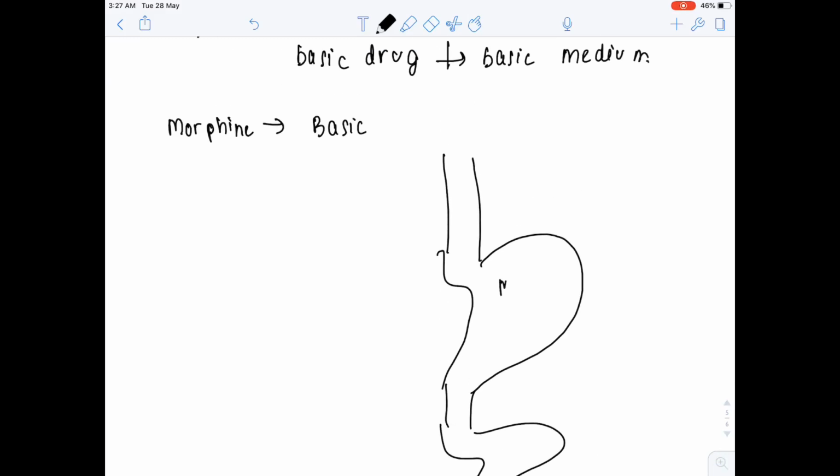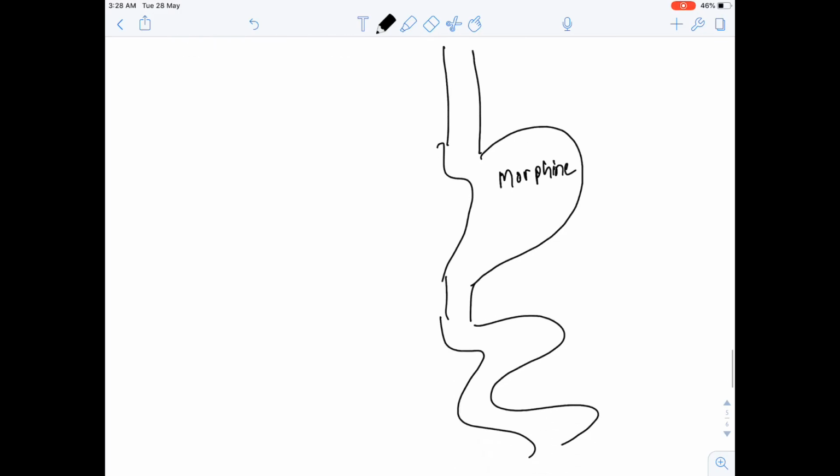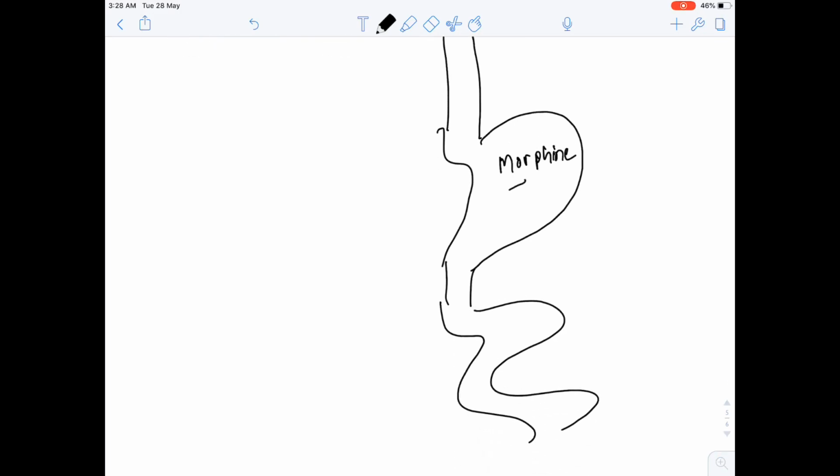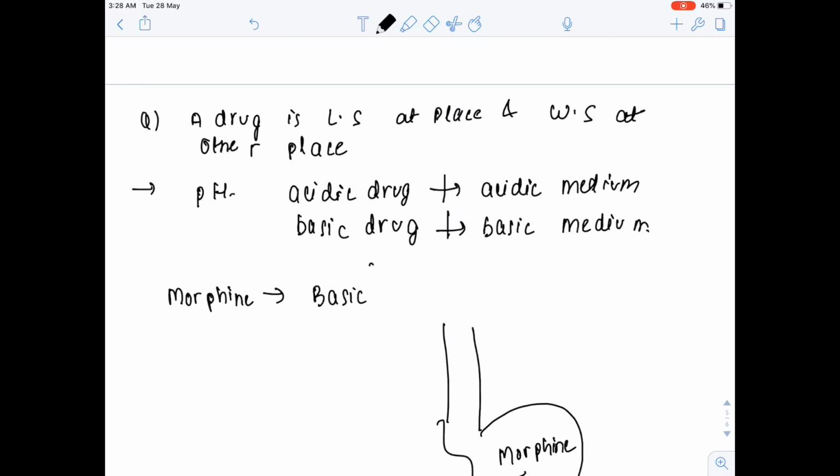So morphine in the stomach gets converted into its ionic form because it is an acidic medium, because the stomach secretes HCl, so it gets ionized. But when it reaches from the stomach to the intestine, it gets absorbed. Why? Because the intestine has a basic medium, and basic drugs get absorbed in basic medium.